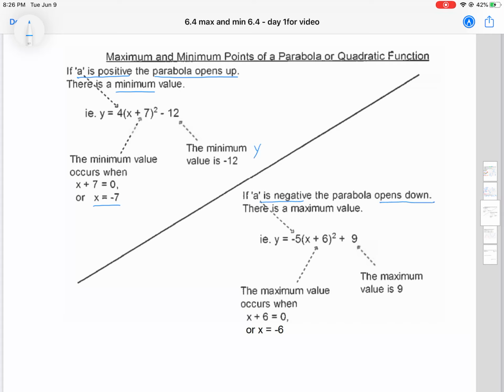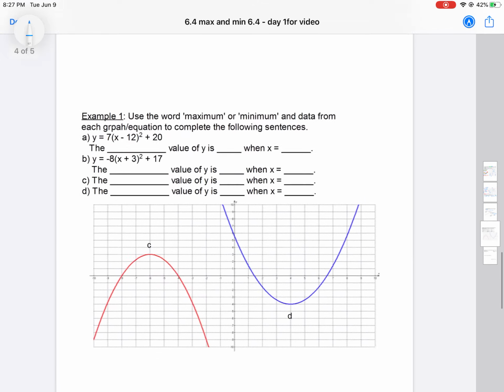And if it's negative and it opens down, then you get a maximum, and the maximum is x equals -6, and then the maximum y value is that value outside there. Because here, this vertex would be -7, -12, and this vertex would be -6 and +9. So you can use that to help you.